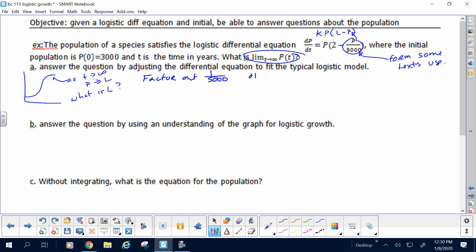Okay, dp dt is, if I take a 5,000 out, then surely I can take it out of the second term, and that's great, it makes P, but I also have to take it out of the first term. So what does that 2 then become? Does it become 2 over 5,000 or 10,000? 10,000, because that's what would work if you multiply it back together. Do you agree?